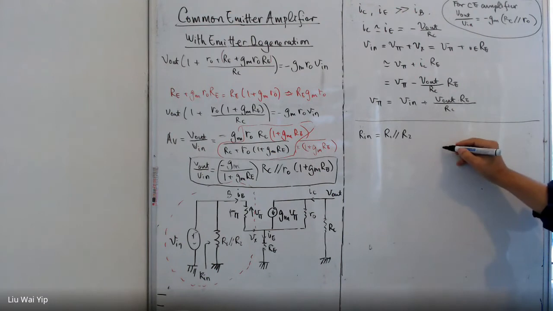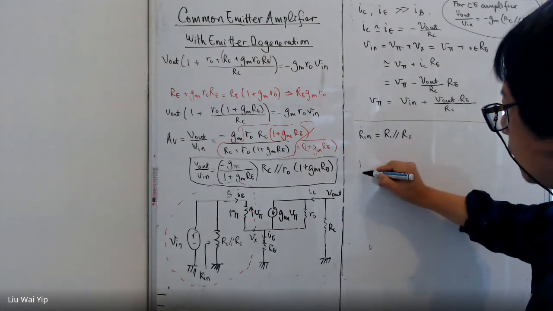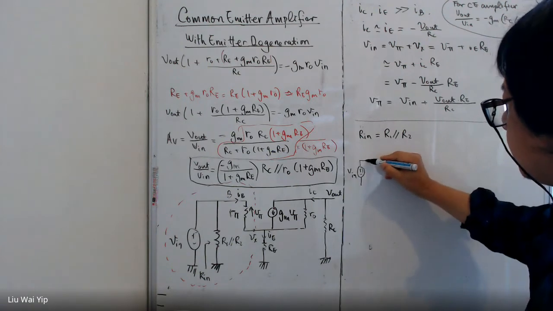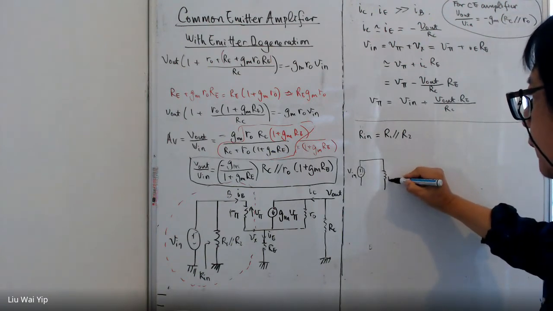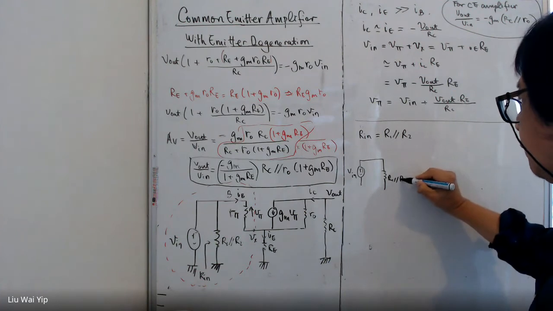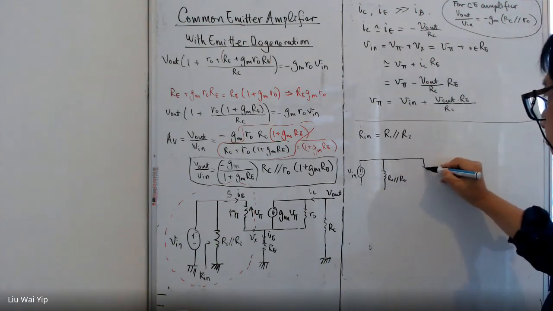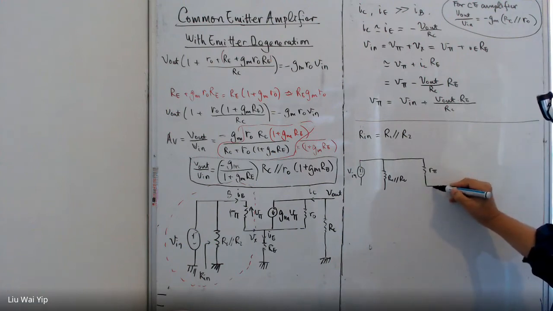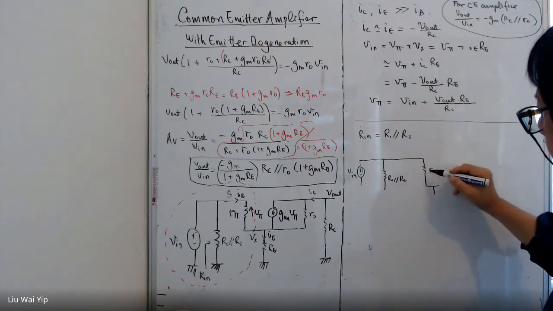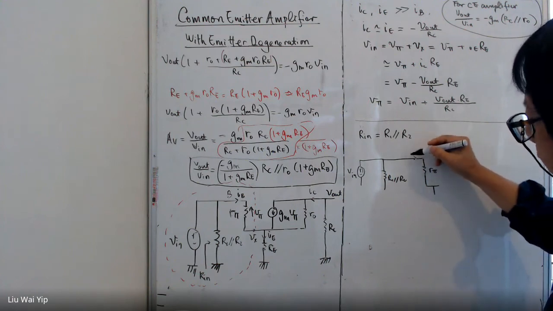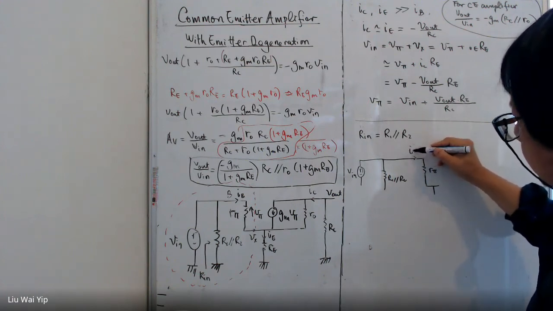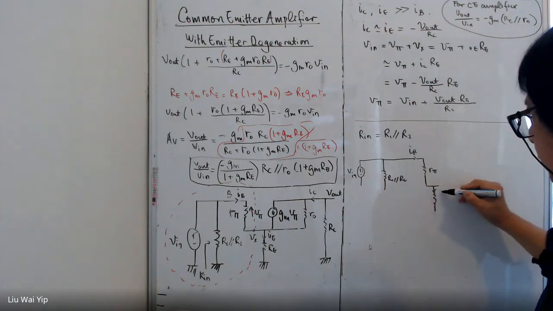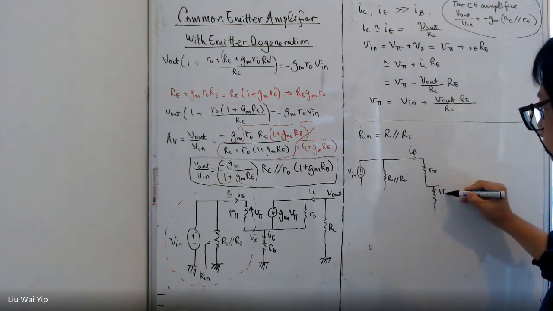We have an input, Vin, and a resistor R1 in parallel with R2, and we have R pi, and we have another network here. The current in R pi is IB, but the current in the bottom resistor is IE.